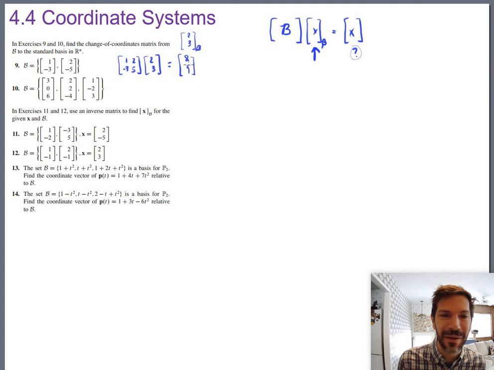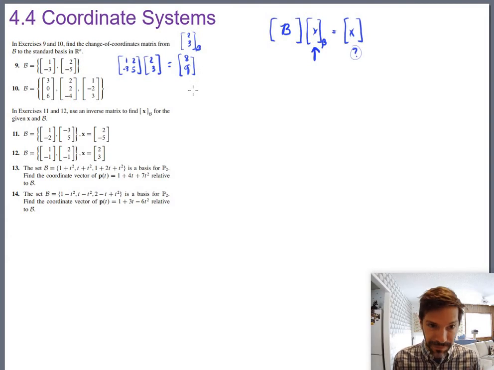It's the same as going 8 over and 9 up in standard basis.